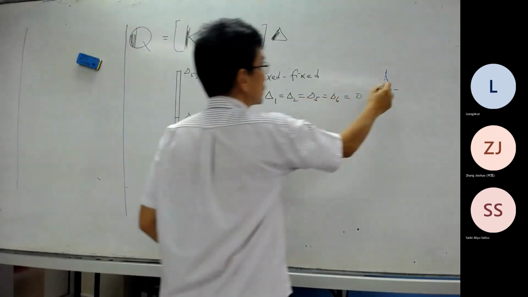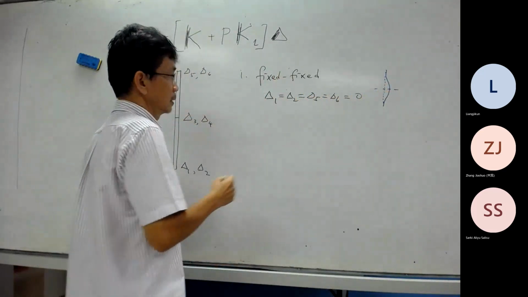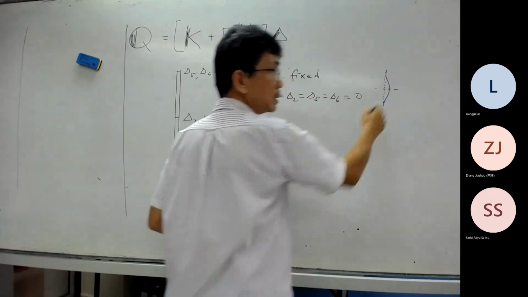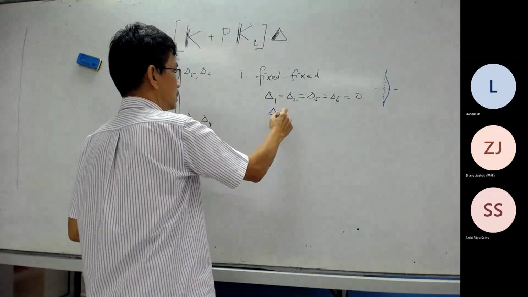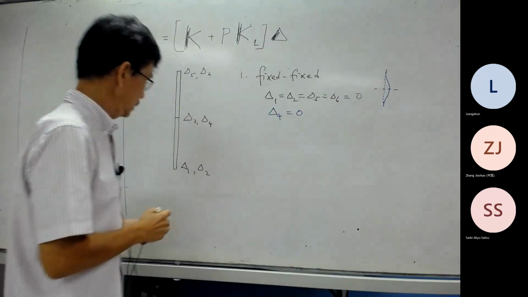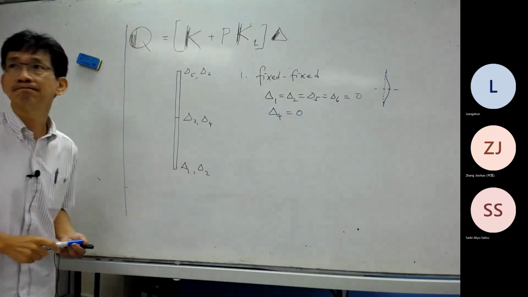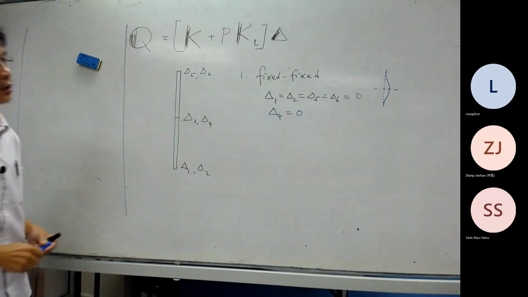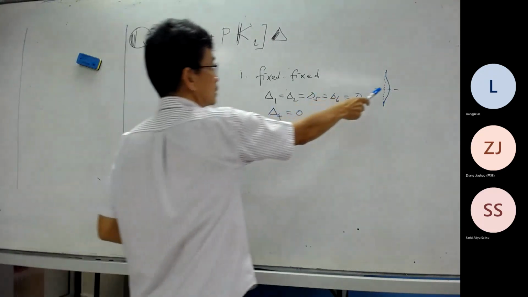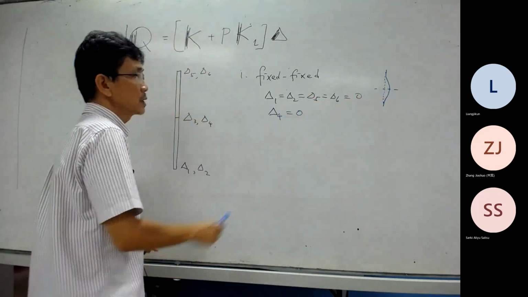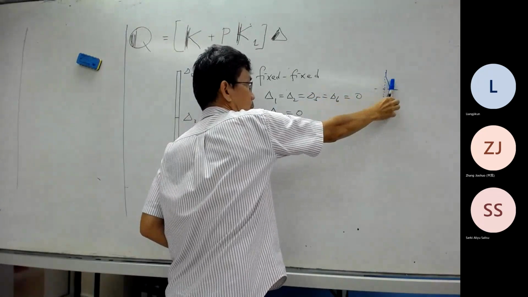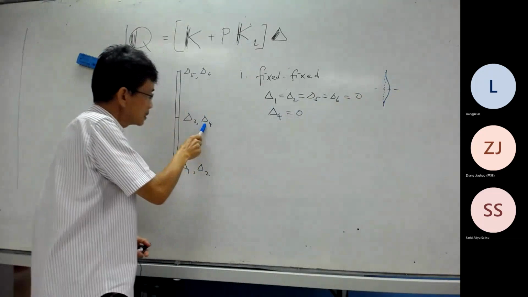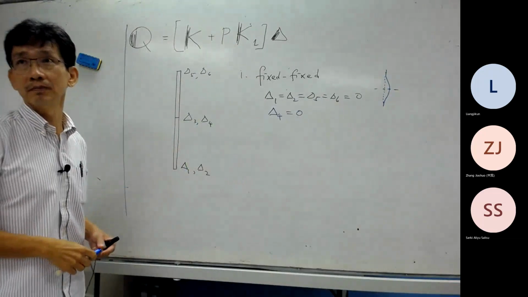This is 0 slope. Because it's symmetry, then we have another extra condition, which is delta 4 equals 0. Delta 4 equals 0, because of these conditions here, which is, it is symmetry, and there is a 0 slope here. 0 slope means delta 4 equals 0.